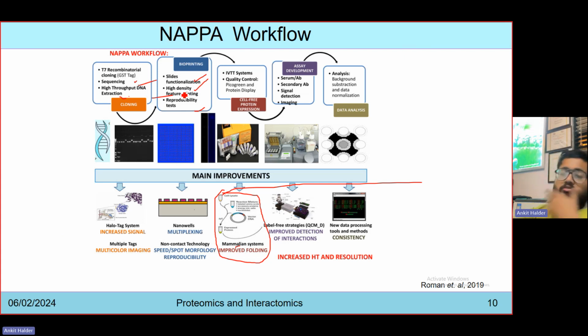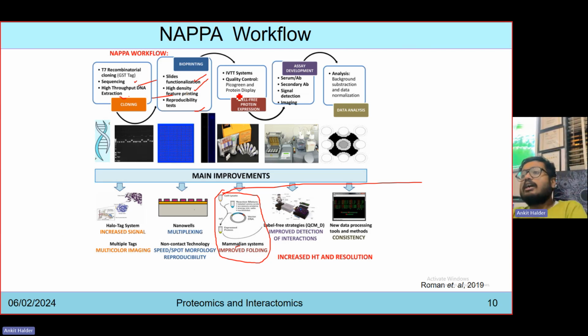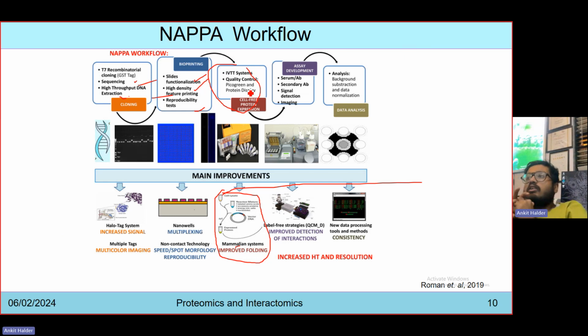Whenever we try to do something and try to publish, we should have these systems in place, and we should know whether we are getting the actual proteins purified and placed over the antibodies or not. These kinds of things should be there. And finally, assay development should definitely take place.